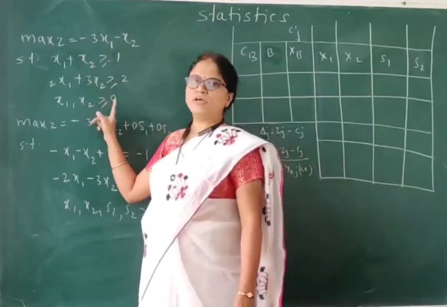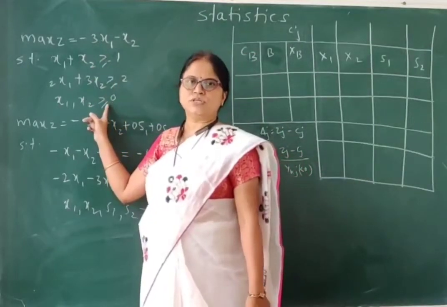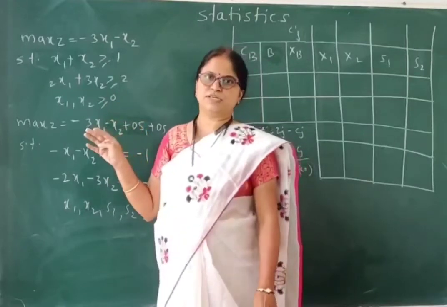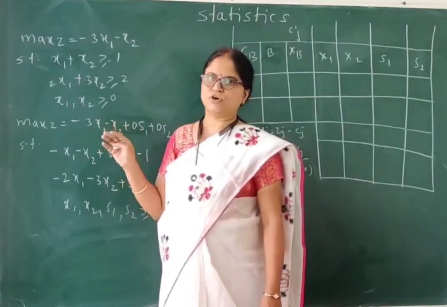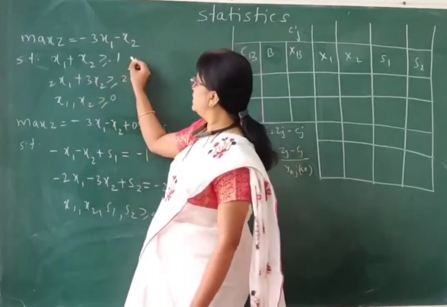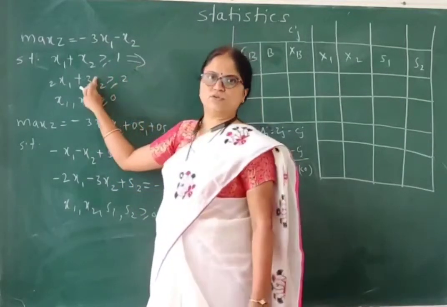Now we convert this LPP to standard LPP, and to do that we are introducing surplus or slack variables. But first of all we convert this inequality to less than or equal to type.